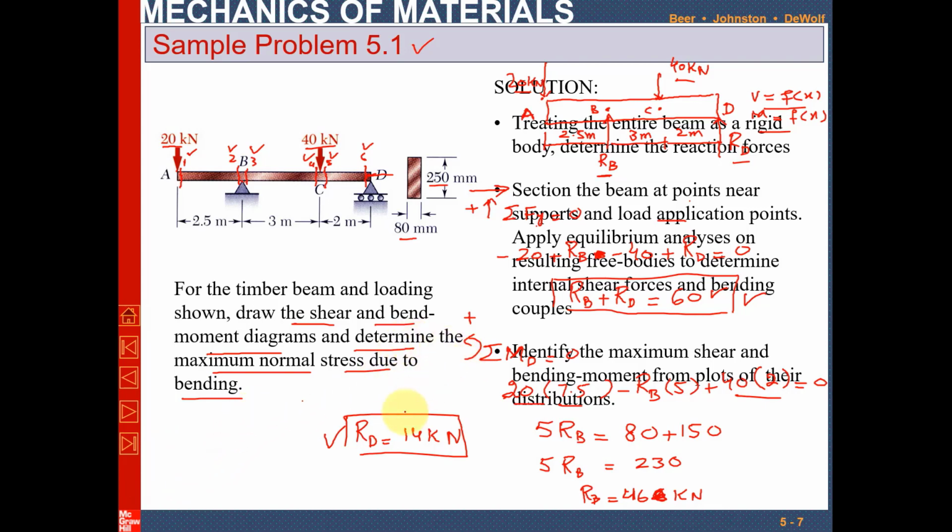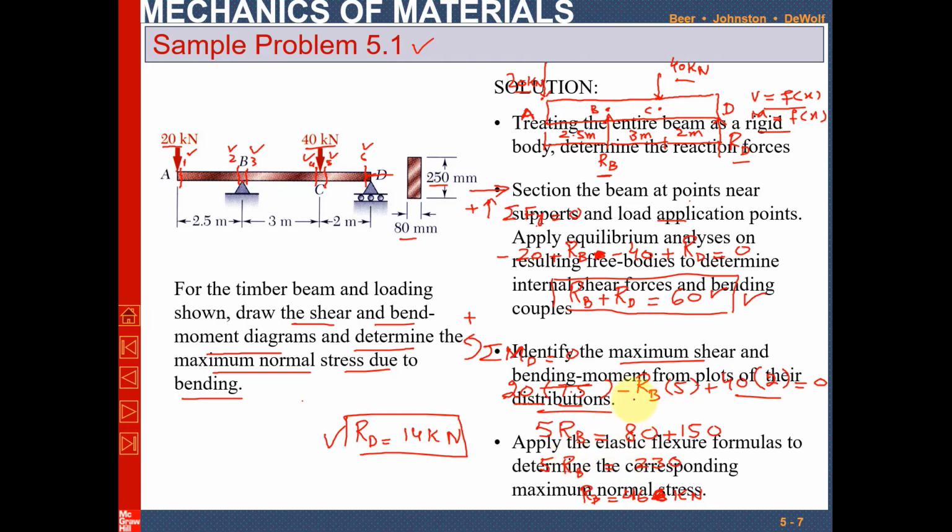When you find out the shear force and bending moment in these sections, you will plot them on the shear force and bending moment distribution diagrams, and from those diagrams you will identify the maximum shear as well as the maximum bending moment. So let's solve this problem.